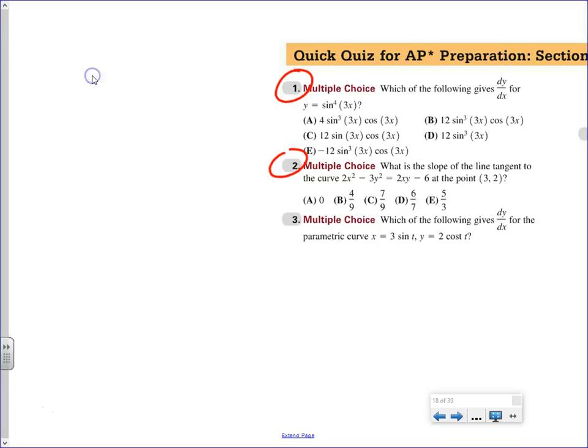Alright, we're back. Let's see how it went. If you guys are still working on 2, go ahead, but I'm going to go ahead and check your number 1.